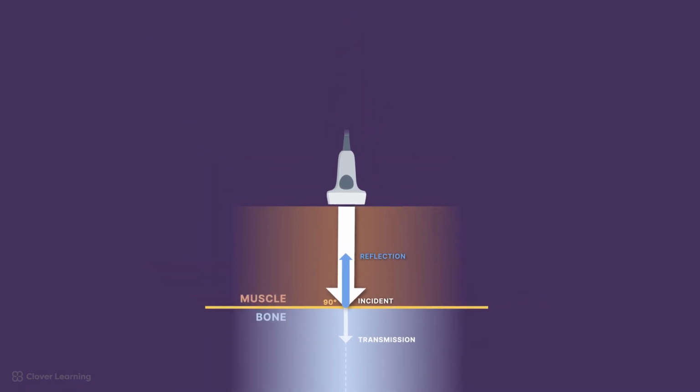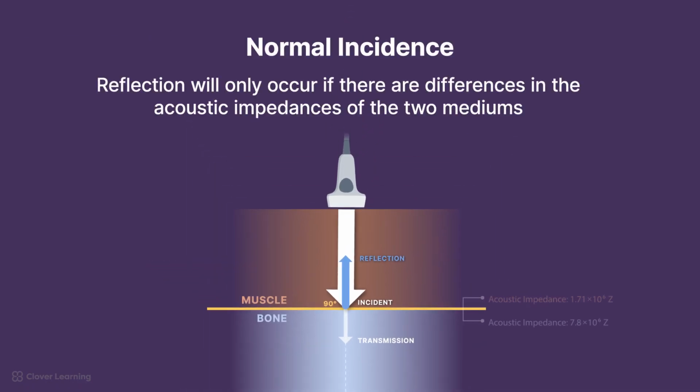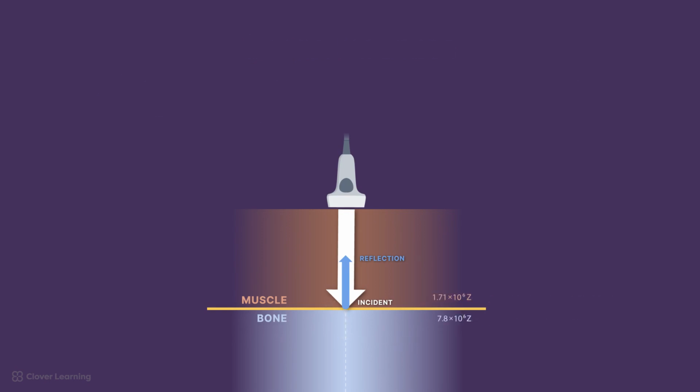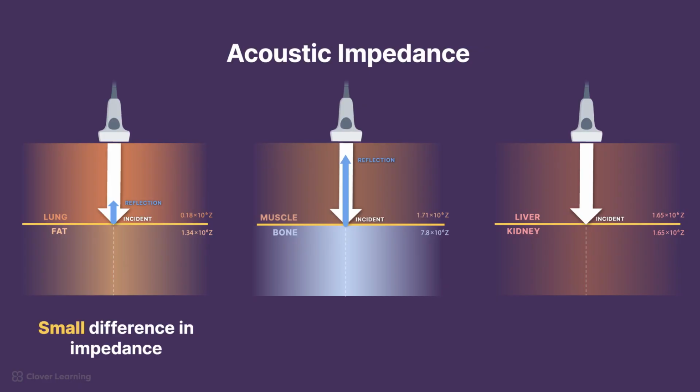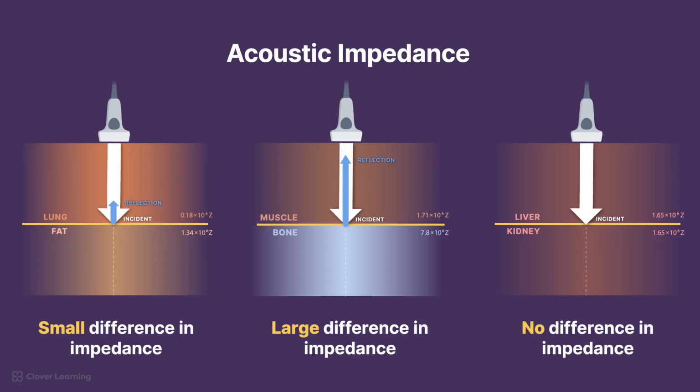With normal incidence, reflection will only occur if there are differences in the acoustic impedances of the two mediums. Remember, a small difference in acoustic impedance between two mediums results in a small amount of reflection. A large difference in acoustic impedance results in a large amount of reflection. No reflection occurs if there is no difference in the acoustic impedances between the two mediums.